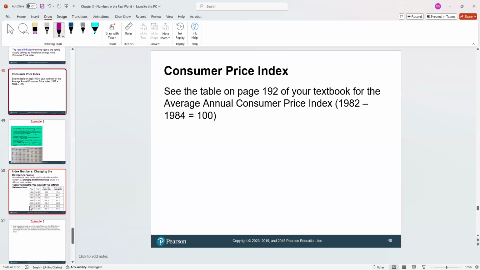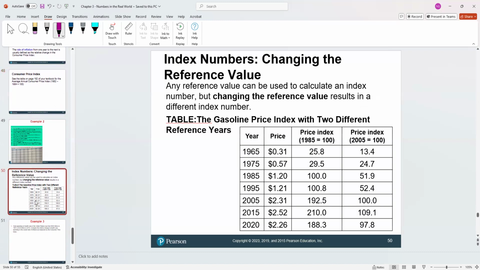Let's see if I have the tables. I believe that table right there. Should that be? No, that's not what we're looking for. But this table also shows changing the reference value. When you change the reference value, there is no particular reason why we chose 1985 as the reference value, because it's exactly the same thing.